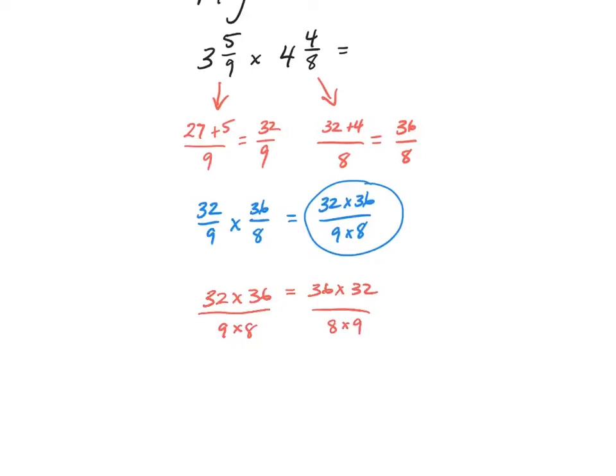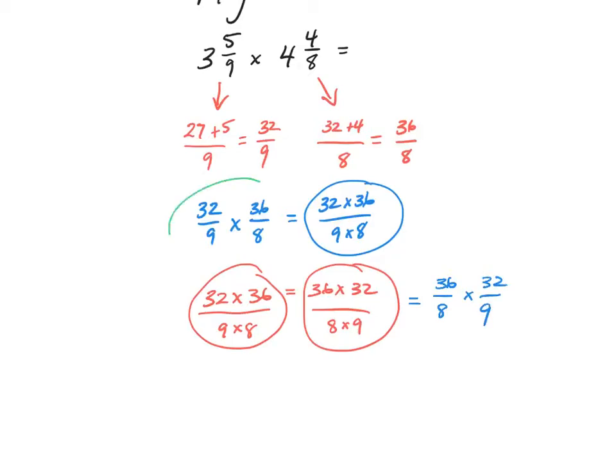So these two expressions on the left hand side here and on the right hand side here are equivalent expressions. I can also now pull apart this new expression that I just made by saying that this is the same thing as 36 over 8 times 32 over 9.